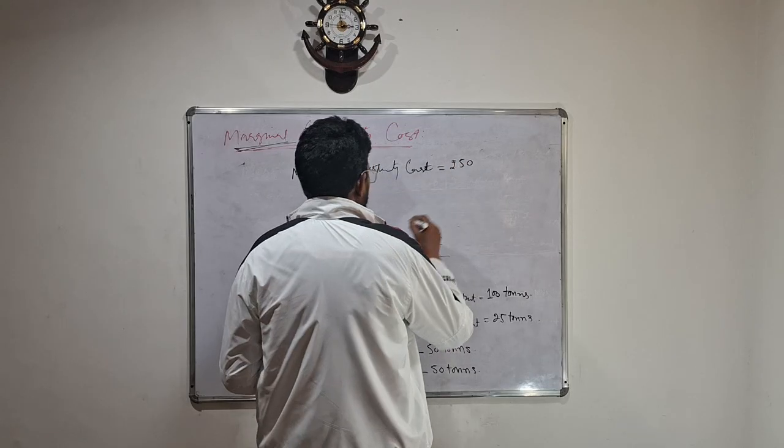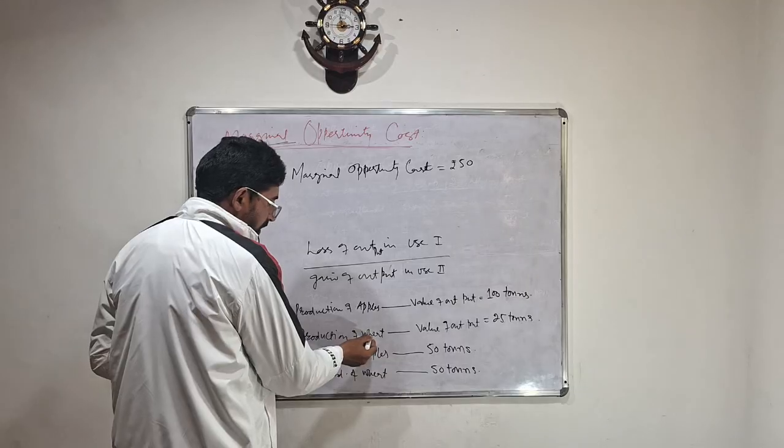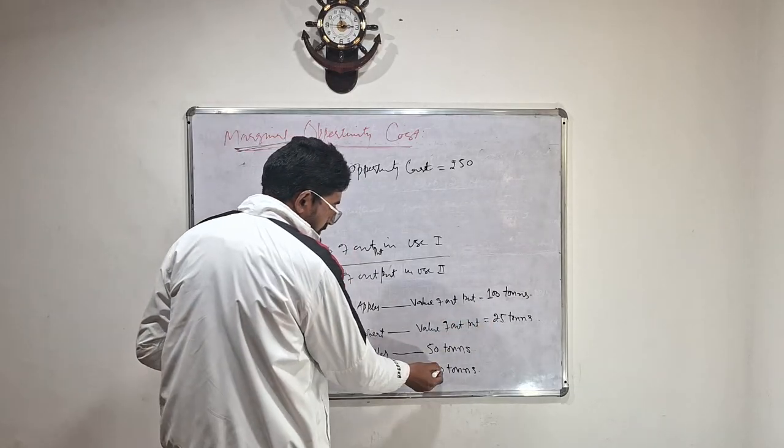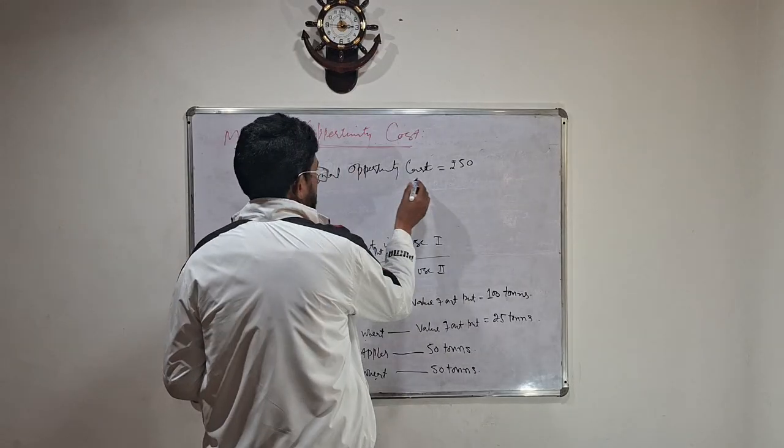And second, production of wheat is 25. It has changed to production of wheat is 50, means it has increased 25 units.